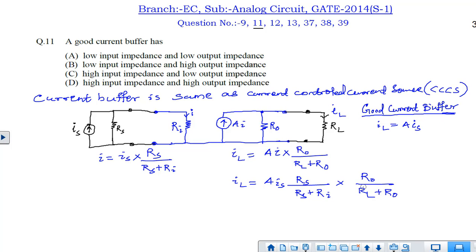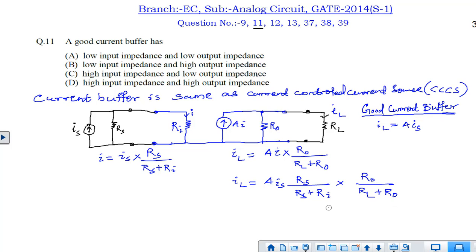For a good current buffer, the load current should be much closer to the gain times the supply current. So this factor should be much closer to 1 and this factor should be much closer to 1.